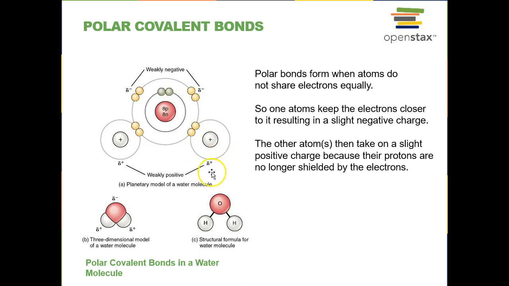So this little Greek letter sigma means partial. So these are two partial positive charges, these are two partial negative charges. So if you have a negative end and a positive end of a molecule, those are called poles. So this is a polar molecule formed by a polar covalent bond. And you are going to see that these end up being very important later on.